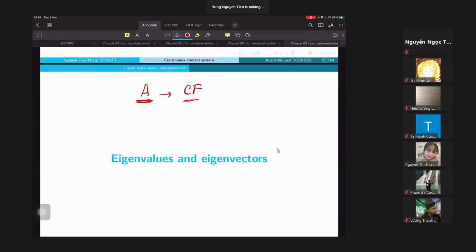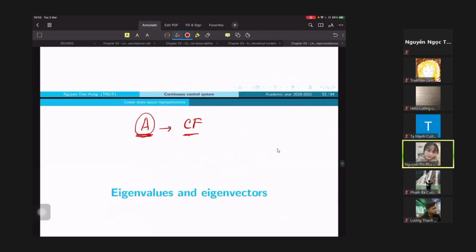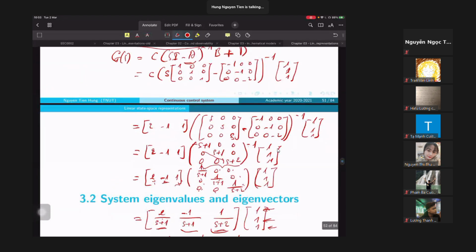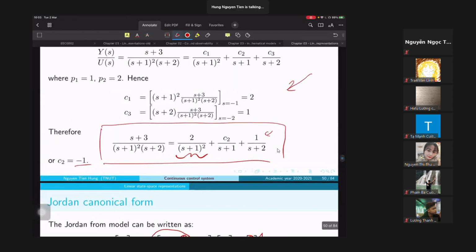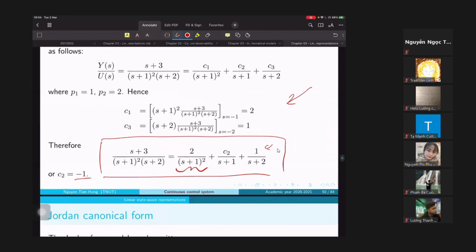It depends on the particular model, the particular system, and we do not have a systematic way to calculate the canonical form from the representation of A. I represent this method to you, but it is not a good way.